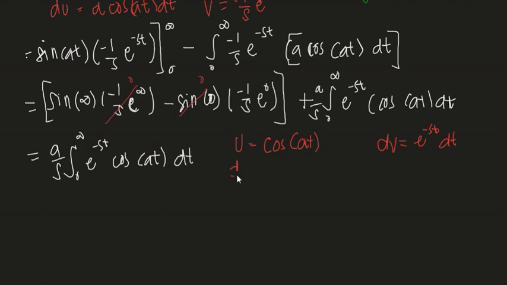So, derivative of u will be equal to, so automatic na negative, equal to negative so of your una to ng inner function, this is equal to a, derivative of cosine is sine, so copy ang inner function nga at. And then ang aton nga v will be equal to negative 1 all over s e raised to negative st. So nag-derive kita, so we have dt here.